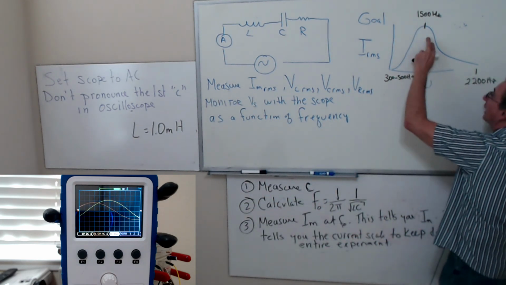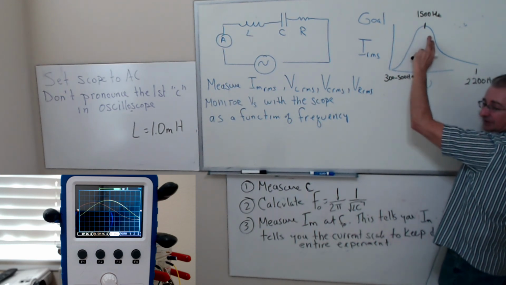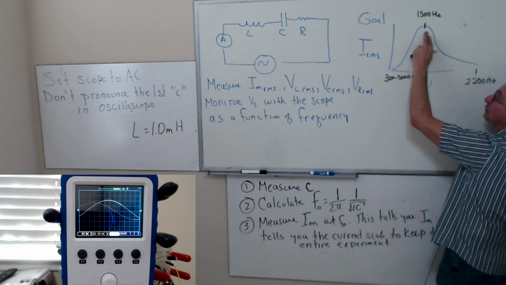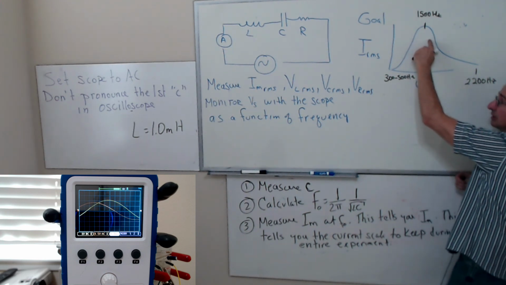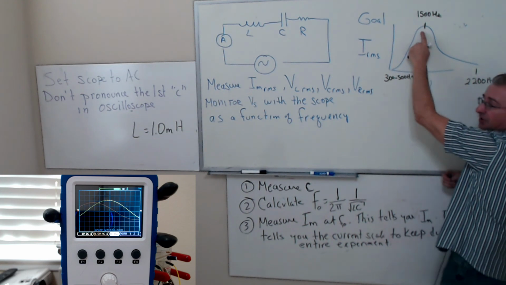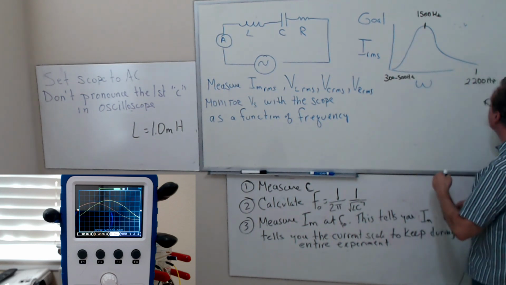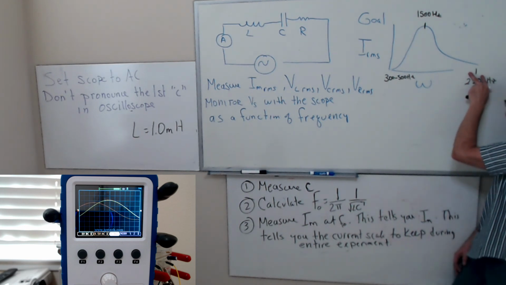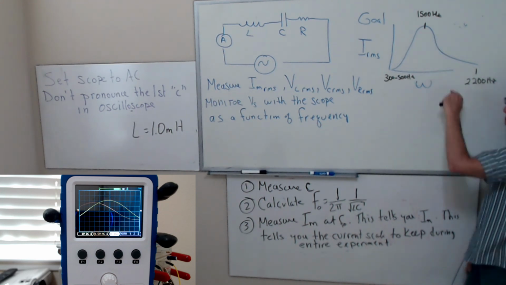I really want to get a good feeling for what this peak looks like, so I'm going to get more points here. My density of points will be greater around the peak than when I'm way out here. If I'm towards the ends, I can take steps of 200 to 300 hertz. But up here, I want to make the steps as small as possible.